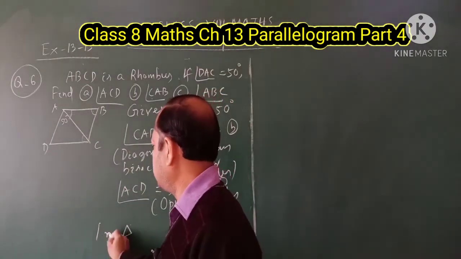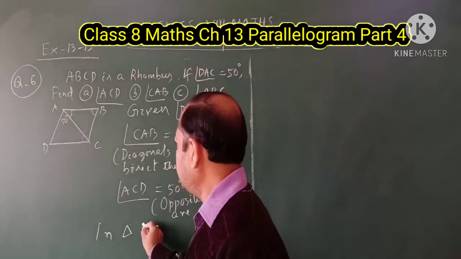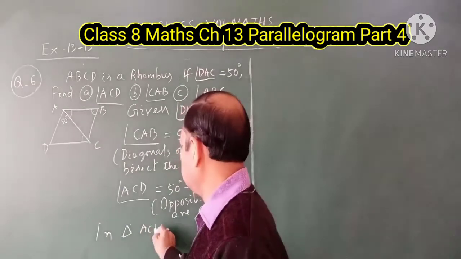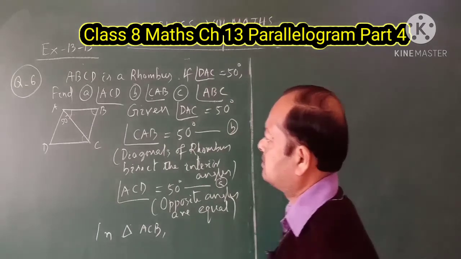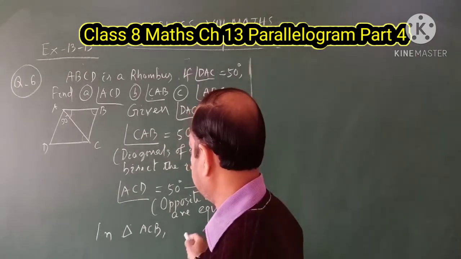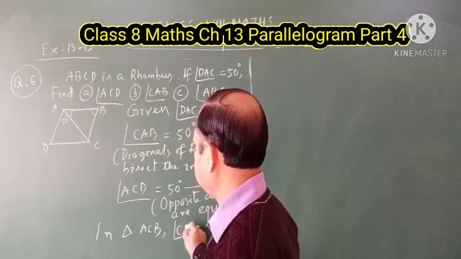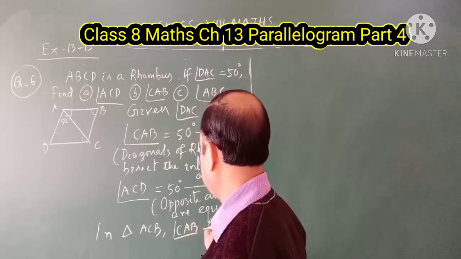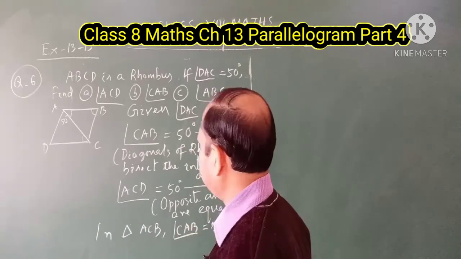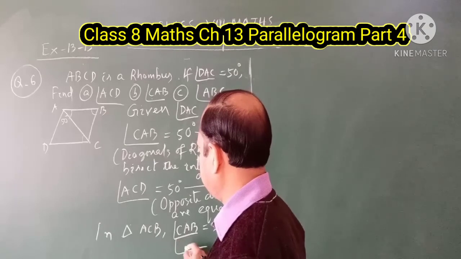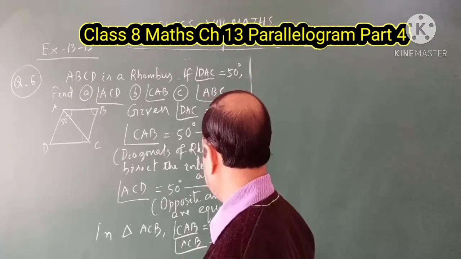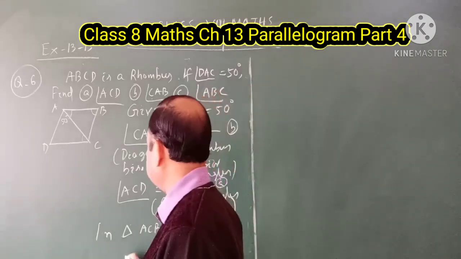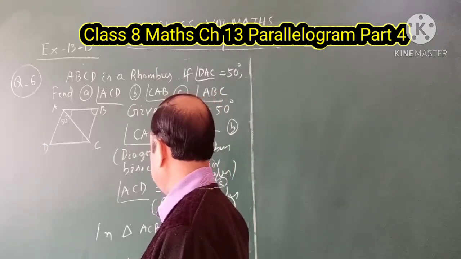So write down in triangle ACB, angle CAB equal to 50 degree, angle ACB equal to 50 degree, and what is the third angle, that is angle ABC.